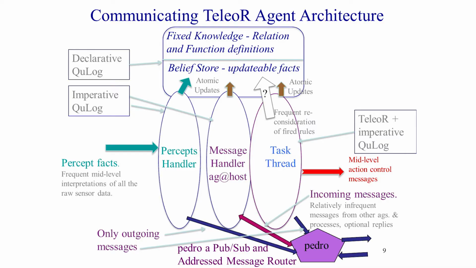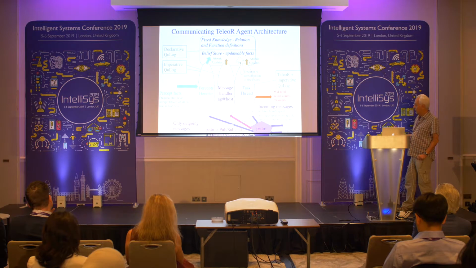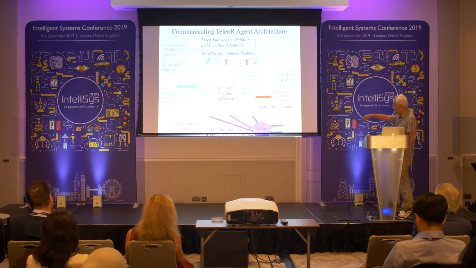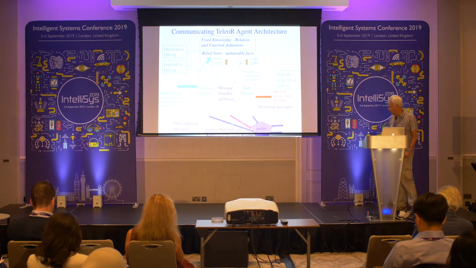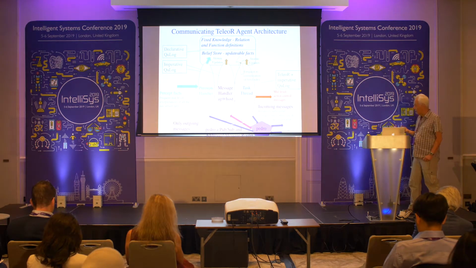Okay? Now, if you've got a communicating robot, it gets a little bit more complicated in the sense you have a message handler there. So not only does the belief store get updated by perceptions, it also gets updated by communication. And we have a communication server that is both a publish-subscribe server and an address message server.